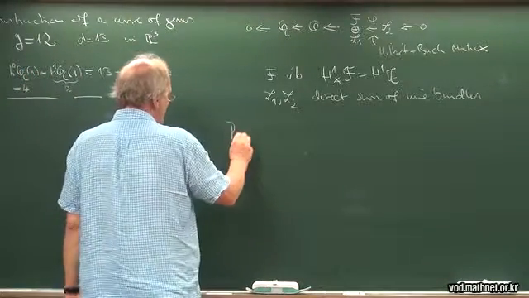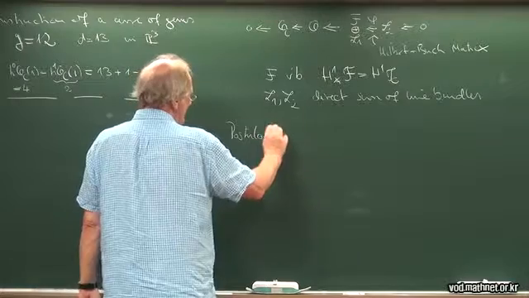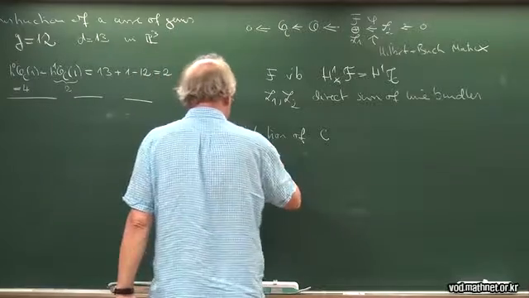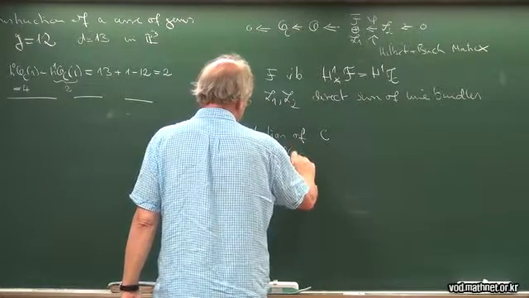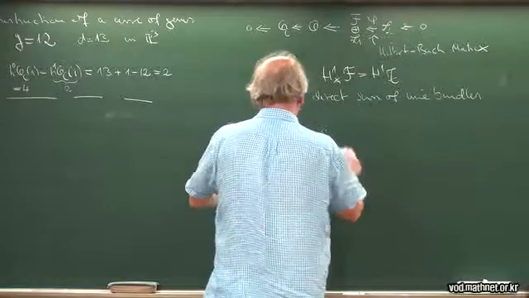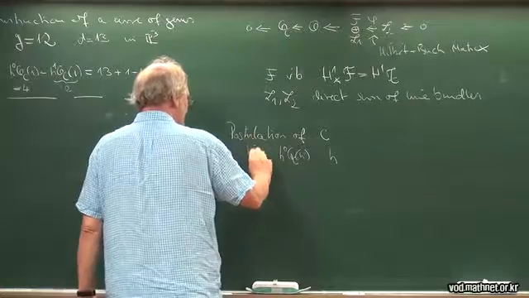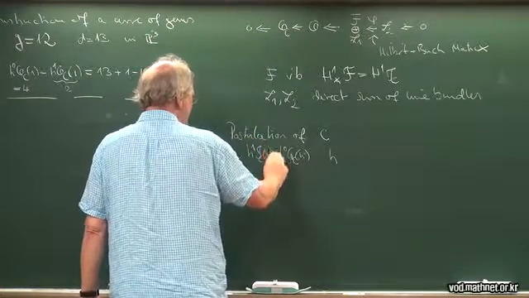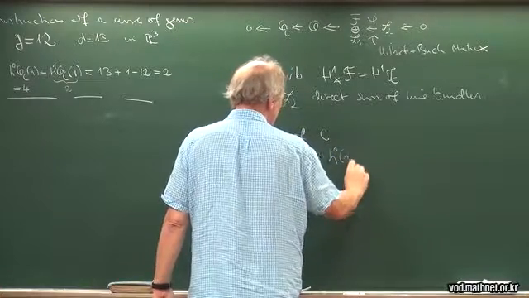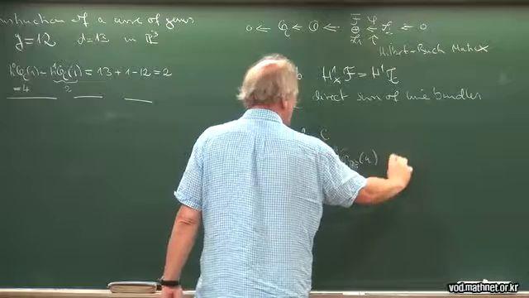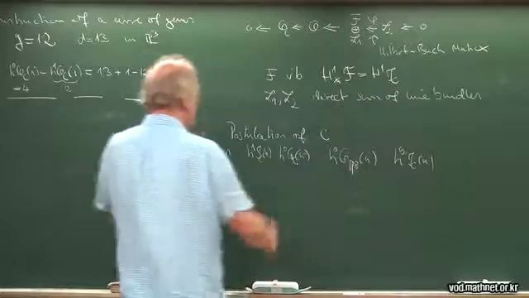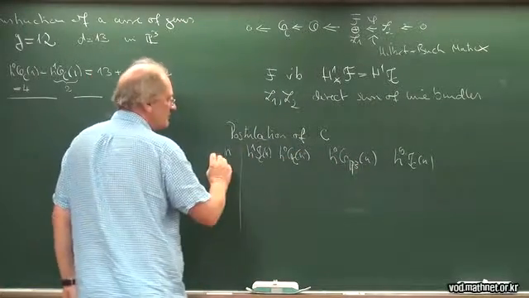So postulation of C. So we have n, we have H0 of O_C(n), and we have H1 of I_C(n), and I have H0 of O_P3(n), and then I have H0 of I_C(n), right? So it's a short exact sequence, and we can compute these numbers.